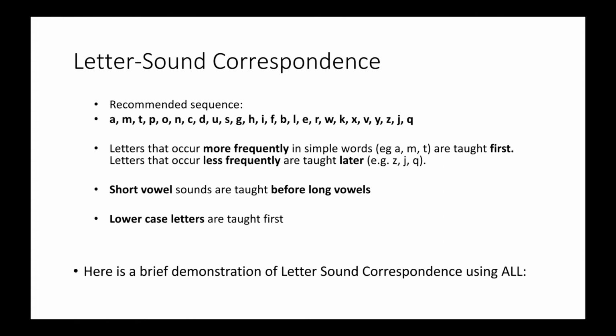Lowercase letters are taught first. And this is just a general guideline. Of course, you can modify the sequence depending on which letters your student already knows. And next is a brief demonstration of the letter sound correspondence in the ALL program.